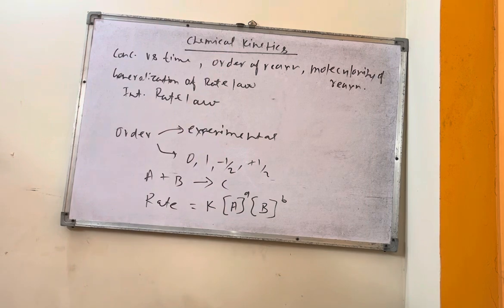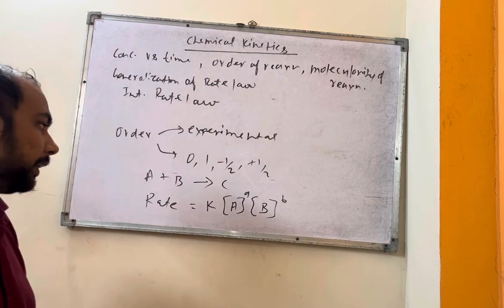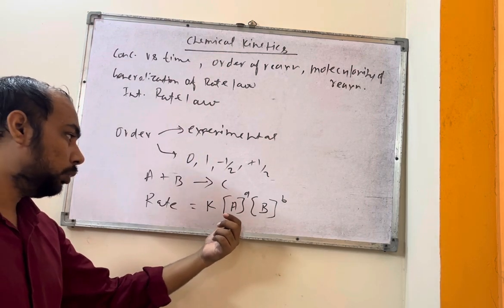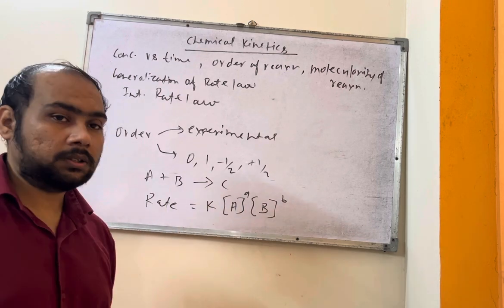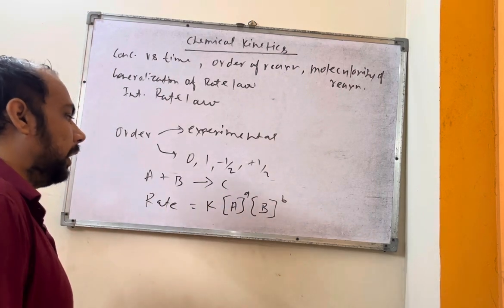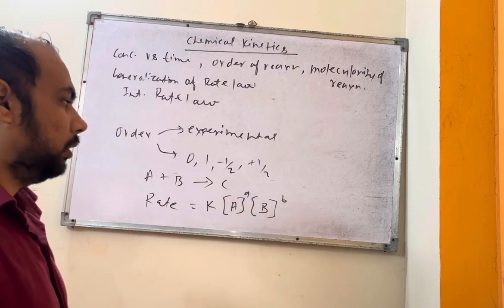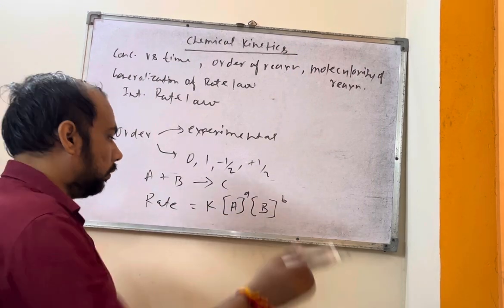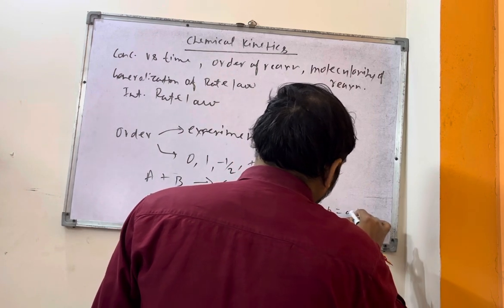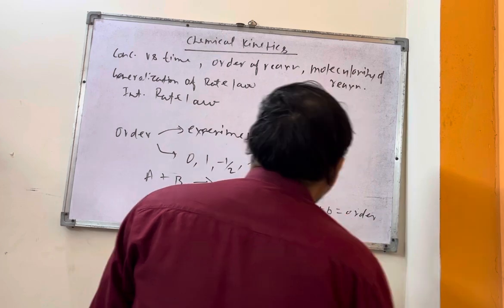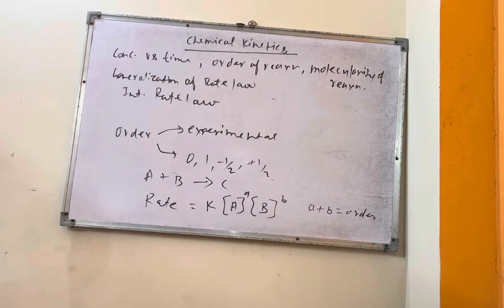So the order of the reaction with respect to reactant A is small a, and with respect to B will be small b. So the overall order will be a plus b.